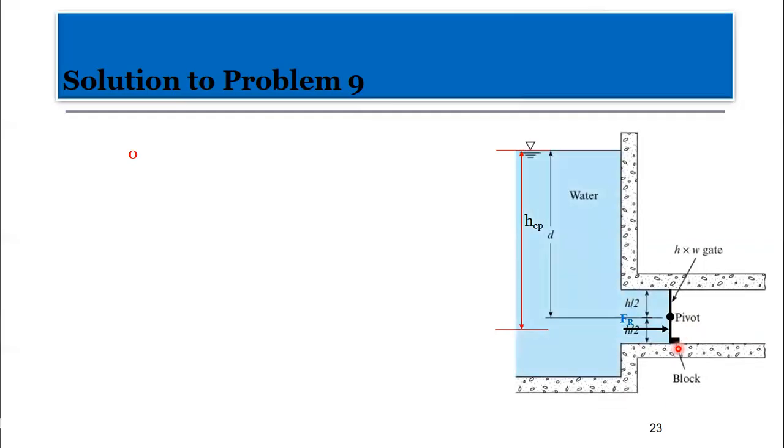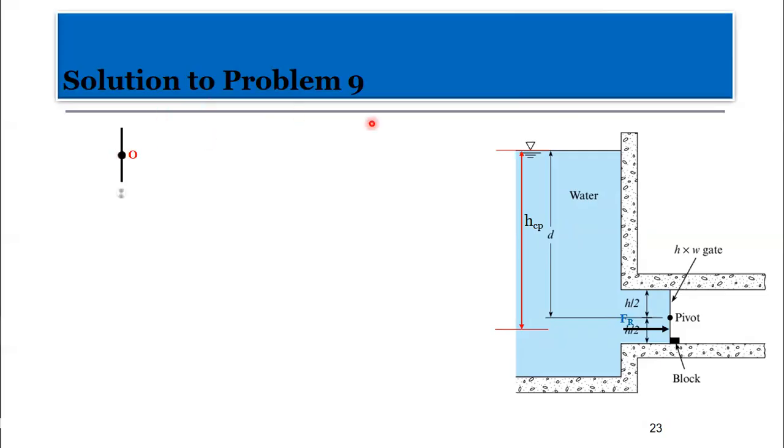Now, if you look at this diagram carefully, I'm taking the gate now. I need to focus on the gate. It's here, right? So I'll take the gate out there. With the gate in focus, now the centroid coincides with the center here.